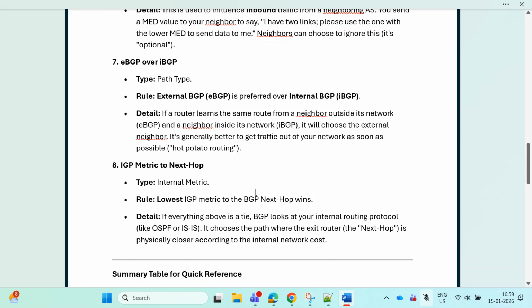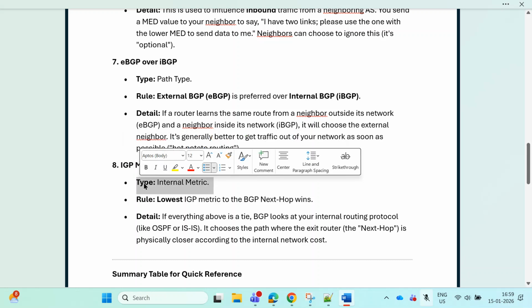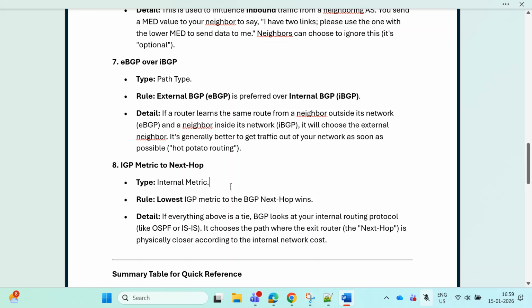And again, it is about the iBGP metric. Let me read it out: internal metric type. I have never seen this, and it is not very important. I attended multiple interviews for network engineer roles, but was never asked such a question about the iBGP metric over next hop.